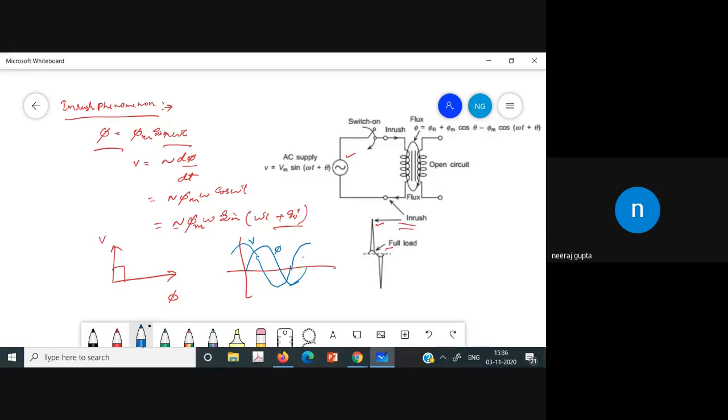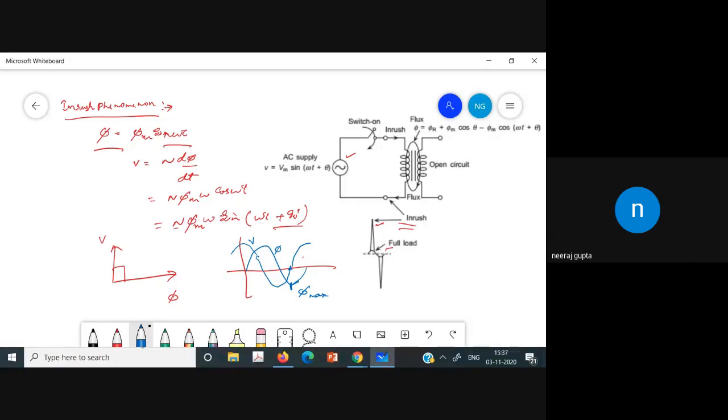So when the voltage is passing through zero and moving towards positive, the flux is at the negative maximum. So this is the waveform for the voltage, and this is the waveform for the flux. So from this, what do we conclude?